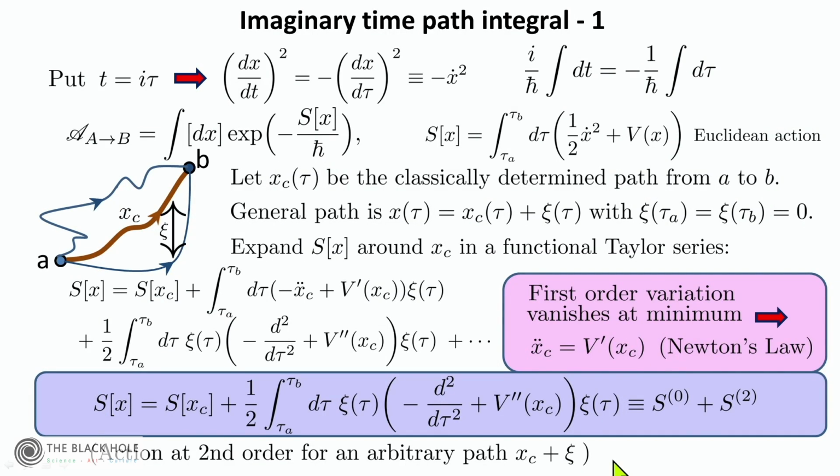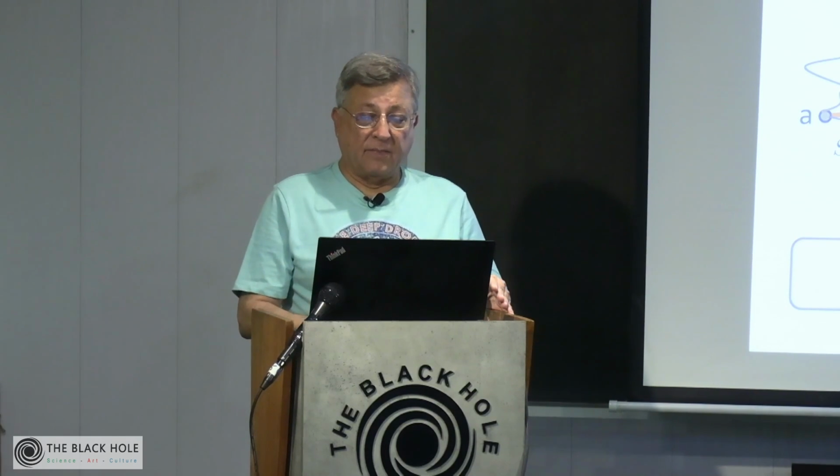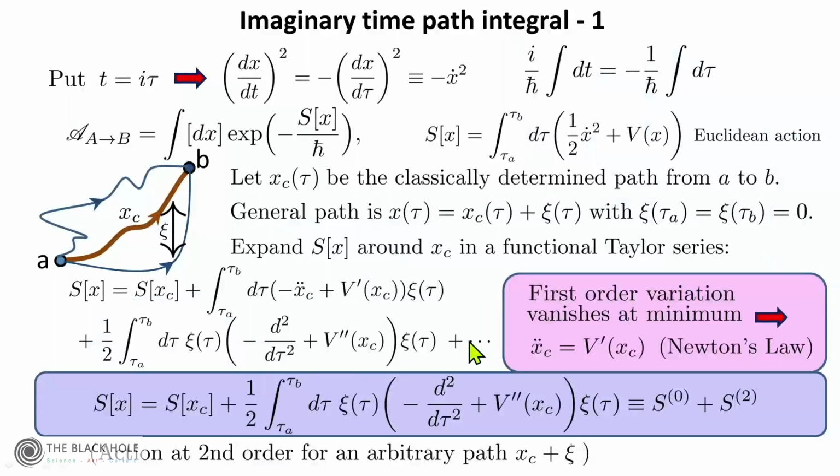Okay, so this is for an arbitrary path, and second order is as far as we can go. Of course, you could ask, why not have xi cubed, xi fourth, xi fifth? The answer is we can't ever do those integrals. We can write down the expansion formally, but it won't be of any use.